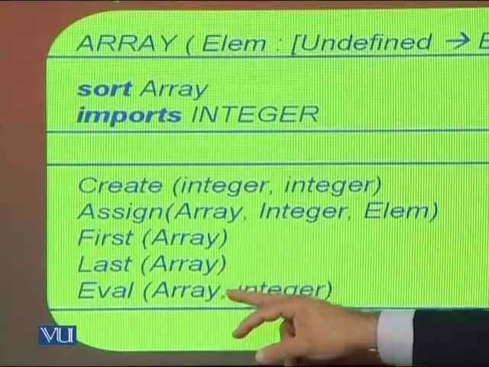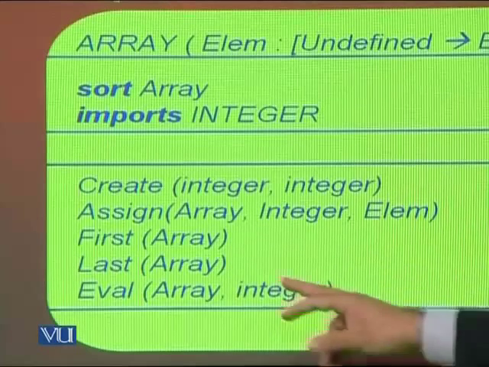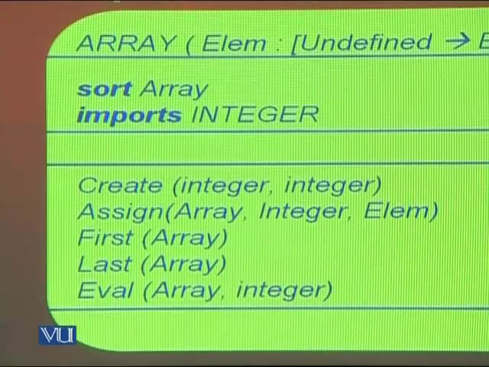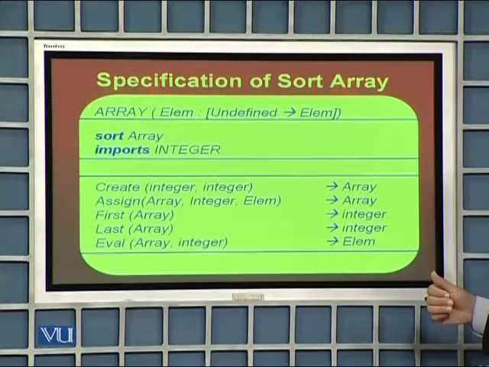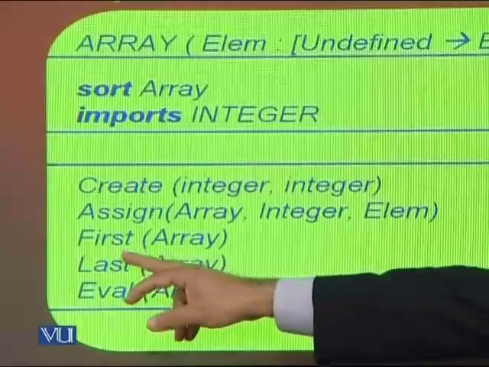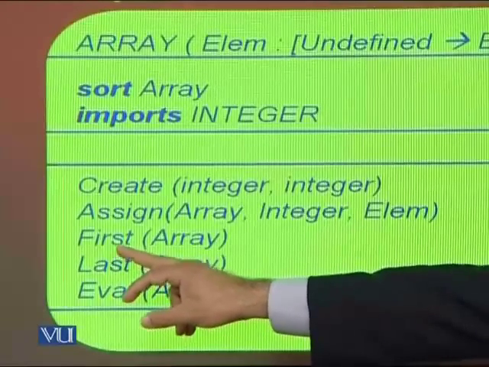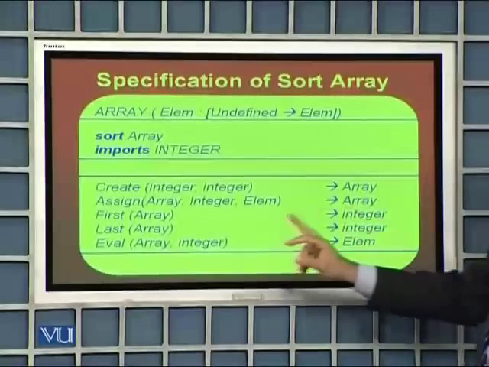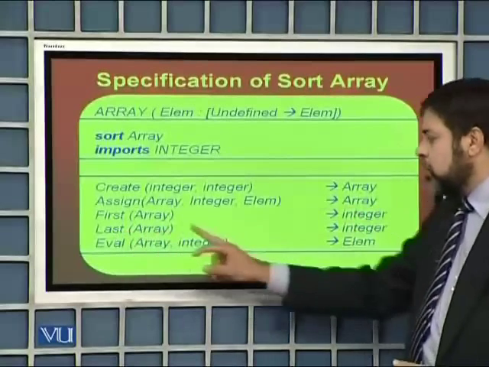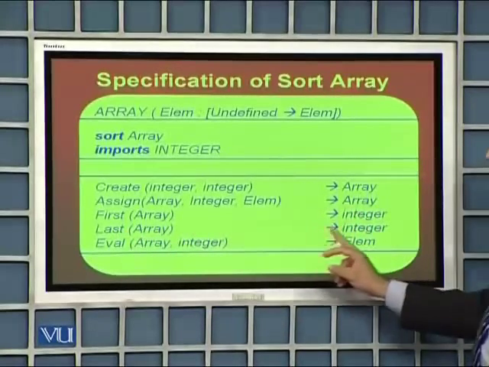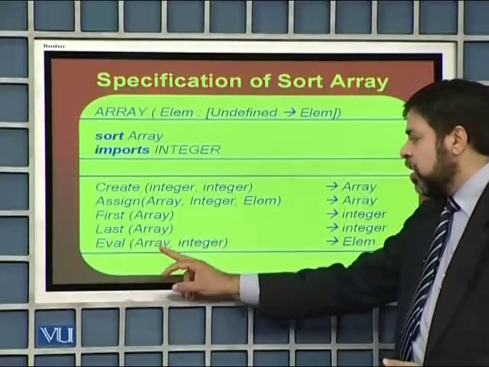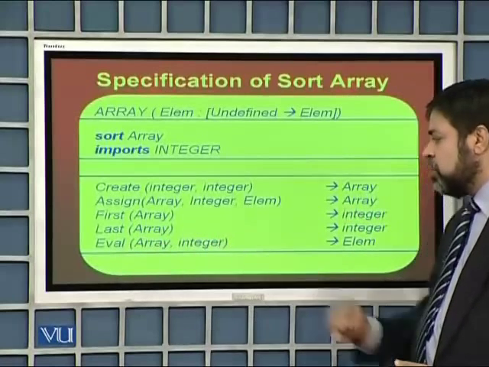The other 3 methods take this array as a parameter, and they give you certain output back. In this case, the method first gives you the first index, the method last gives you the last index, and eval gives you the value stored at this index.